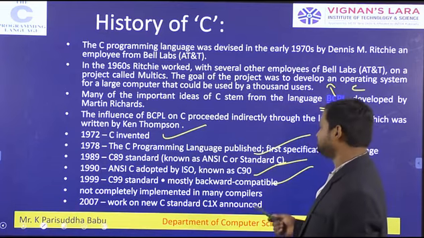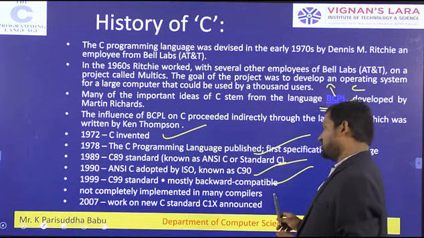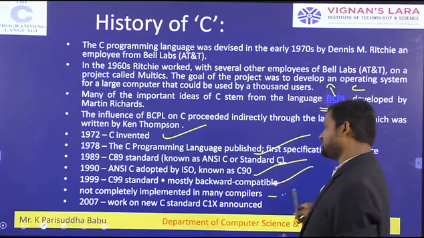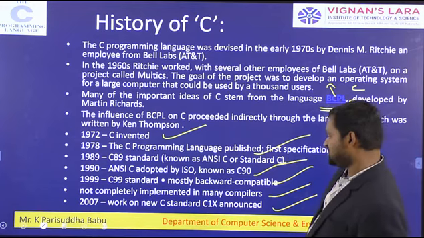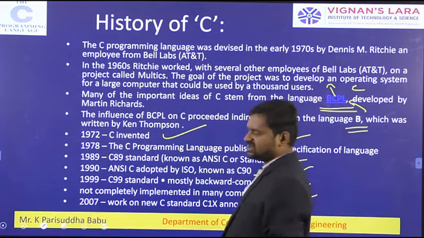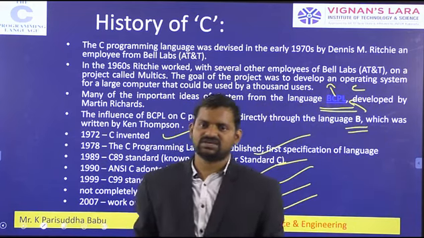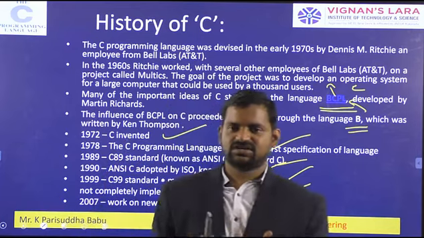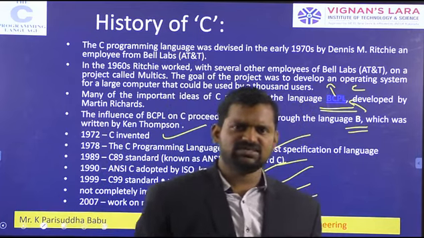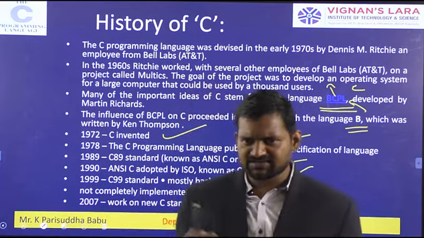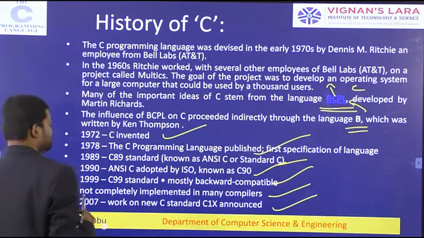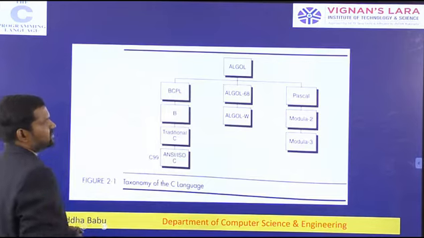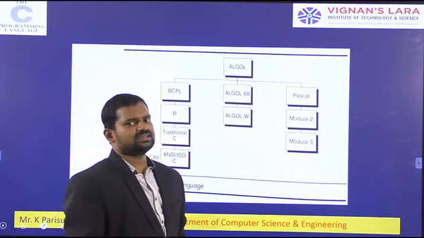It was not completely implemented in many compilers, but in 2007 work on a new standard, C1X, was announced. New standards are announced to develop the C language. Likewise, the C language will be developed each and every year. Okay, so this is the C language.